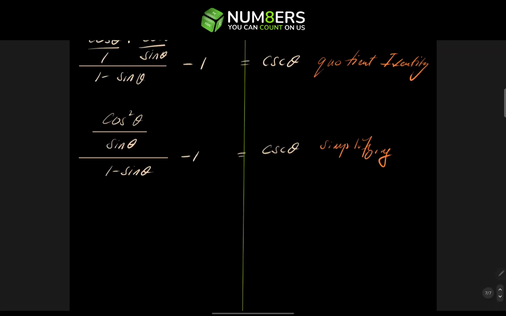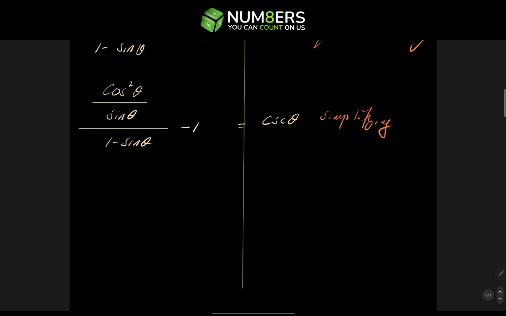Now for the next step, notice the cosine squared on top here, because the only way that we can simplify this into cosecant theta on the right side is 1 over sine theta. Here we have a sine theta, but we also have a 1 minus in front of it. So we can't just simplify by getting rid of this.